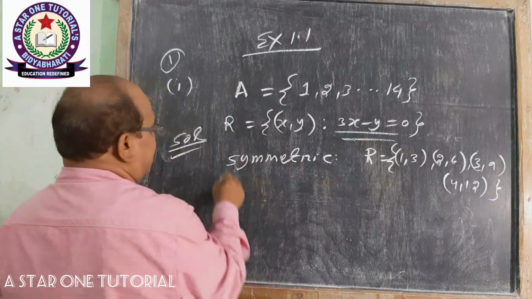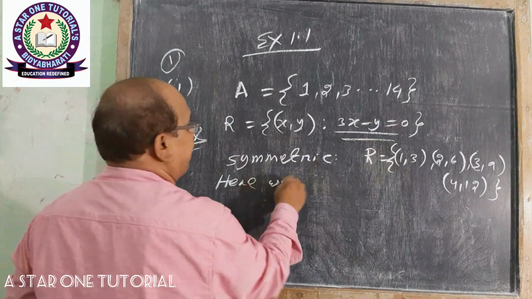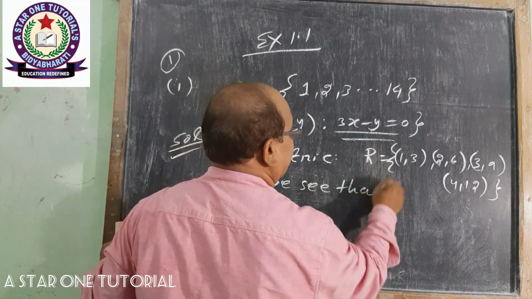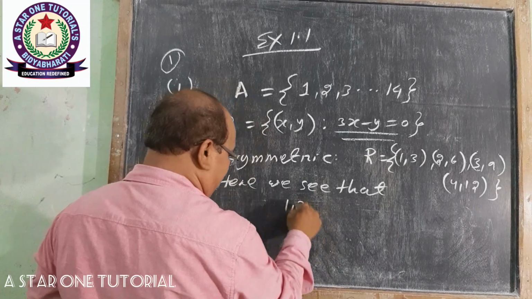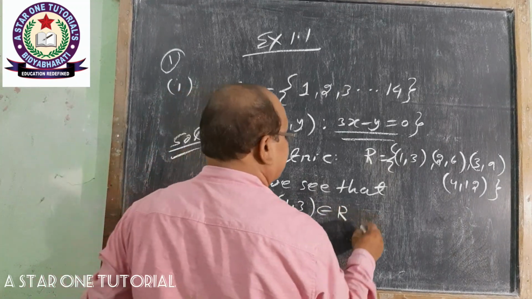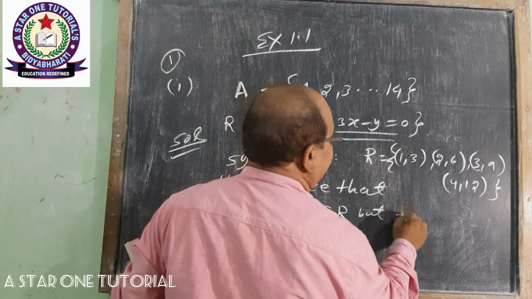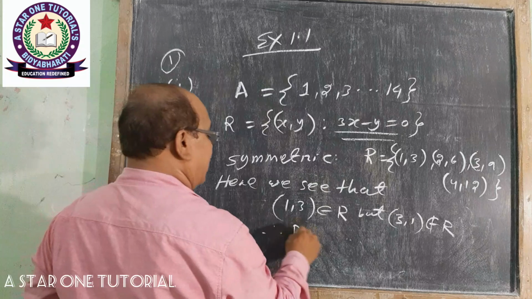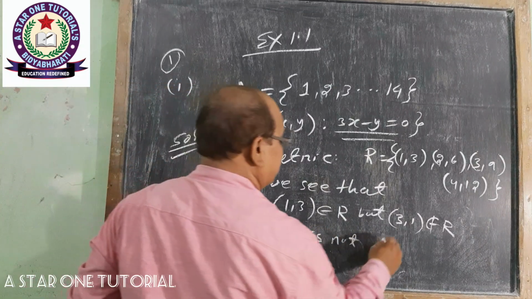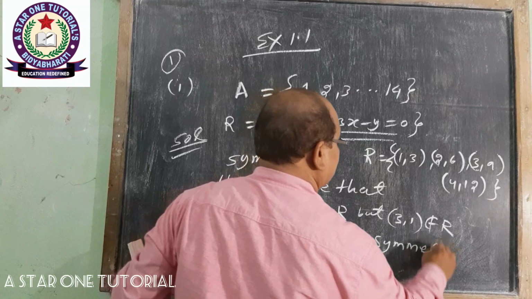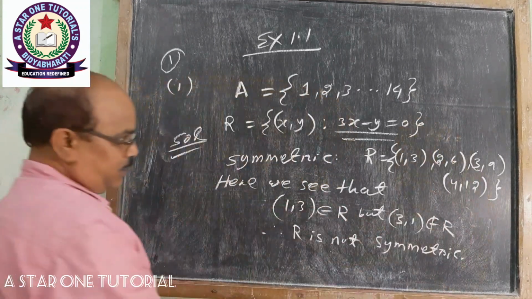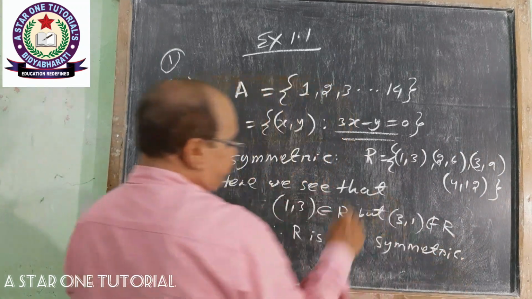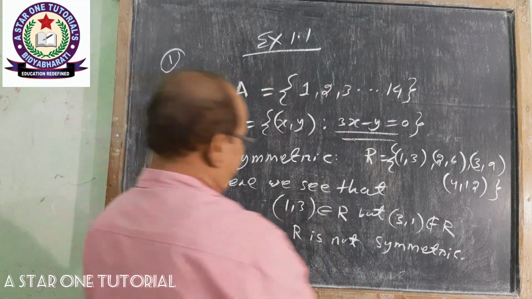Here we see that the ordered pair (1, 3) belongs to R, but its reverse, that is (3, 1), does not belong to R. Therefore, R is not symmetric. Here (2, 6) is there, but (6, 2) is not there. That's why this relation R is not symmetric.